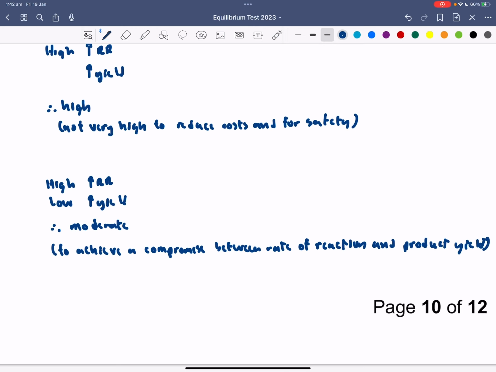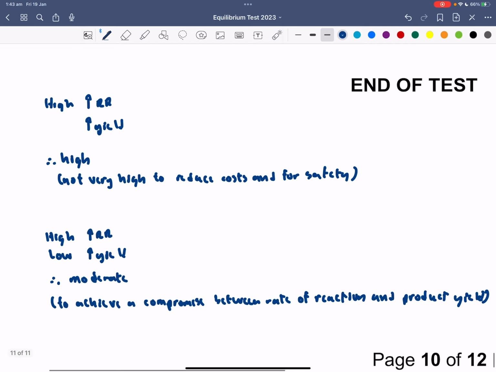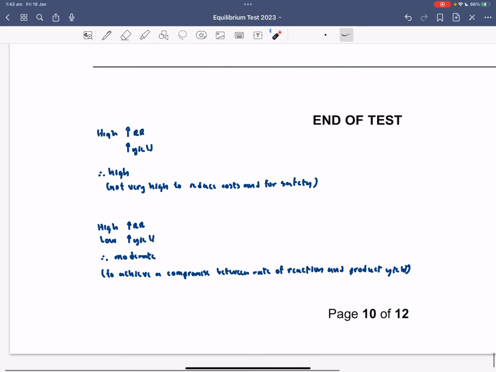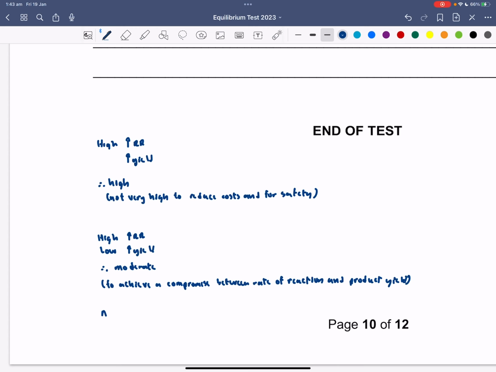That's how it works. I never use low. It's either moderate if they're in different directions, as in high is good for reaction rate but low is good for yield. But when high is good for both reaction rate and yield, then I'll end up using high temperature or pressure, okay? And always use a suitable catalyst if possible.